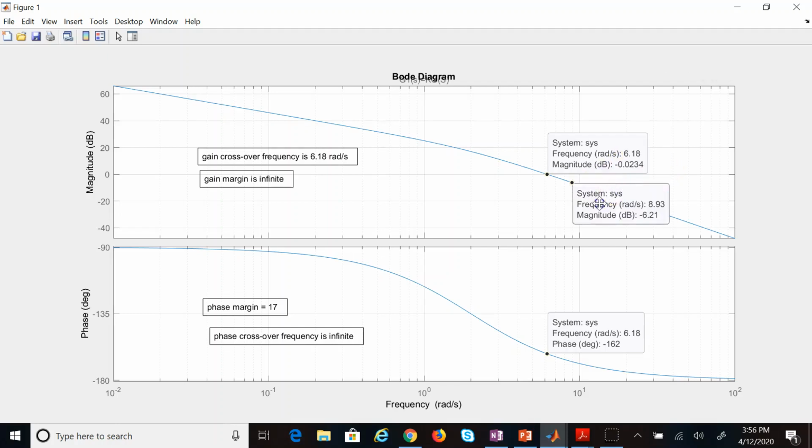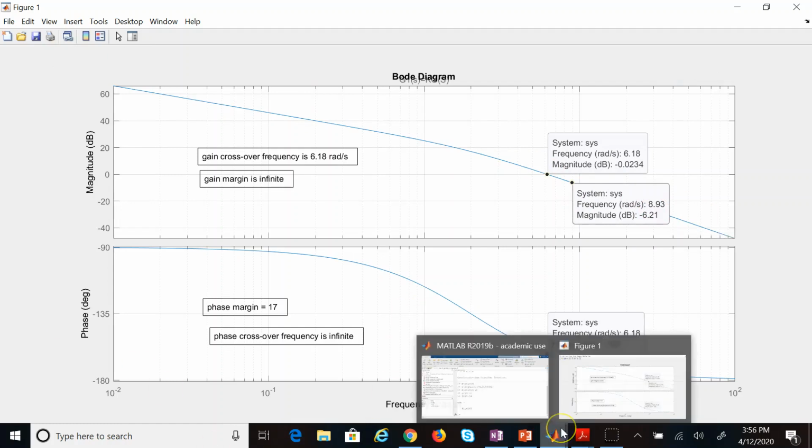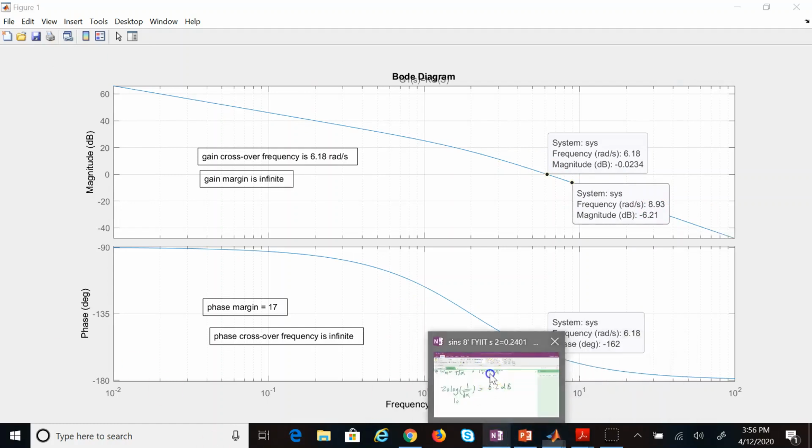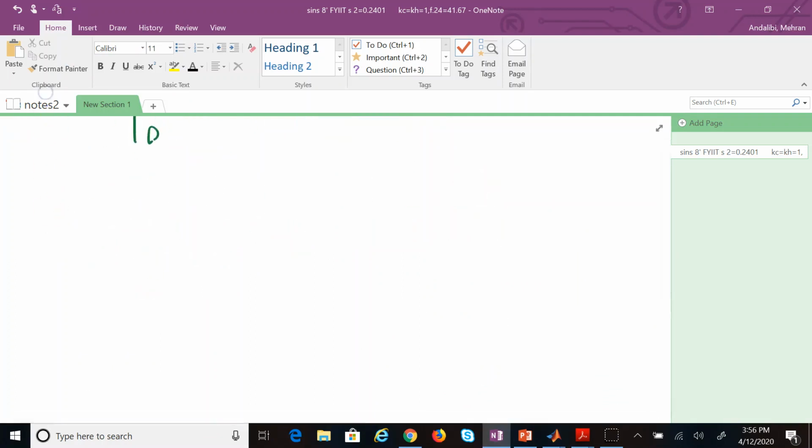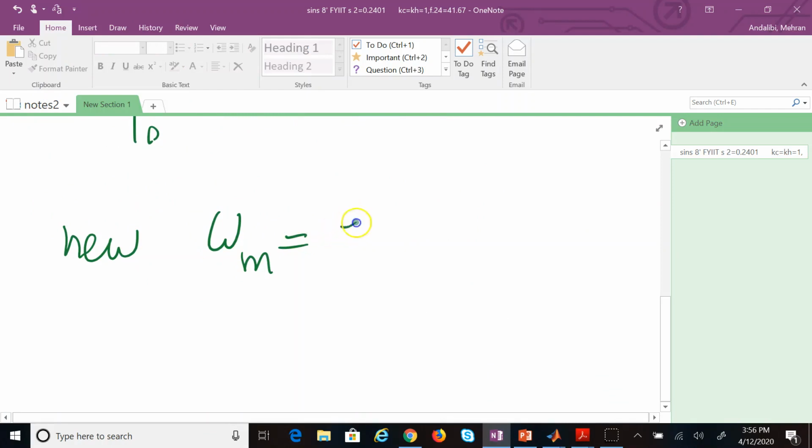8.93 radians per second, not the previous one, 618. So I want my new gain crossover to happen at 8.93. Your textbook rounded it to 9. So your textbook says, I want the new omega m to be 9 radians per second, and this is equal to 1 over t square root alpha.